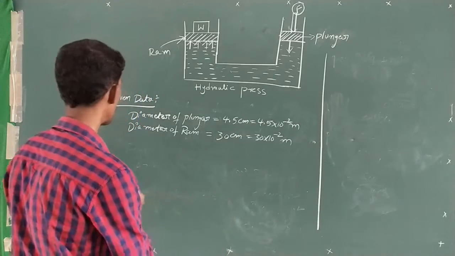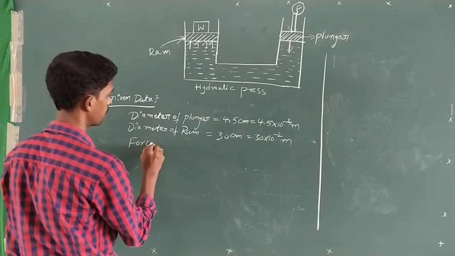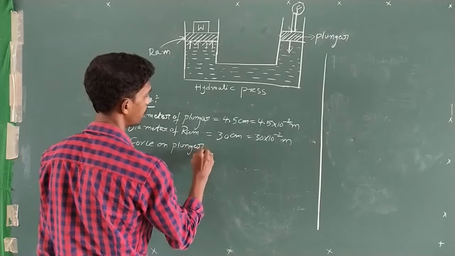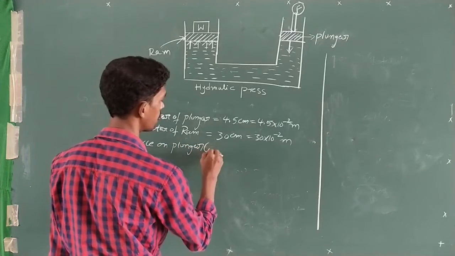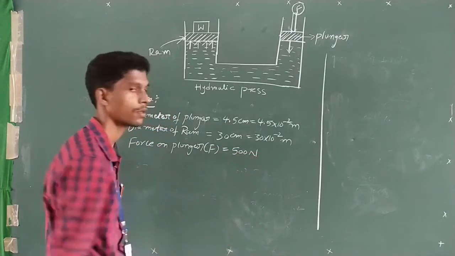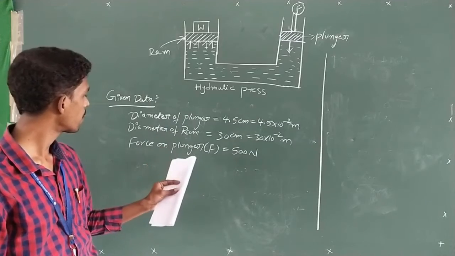Next, force is also given. Force on plunger, capital F, is 500 newton.